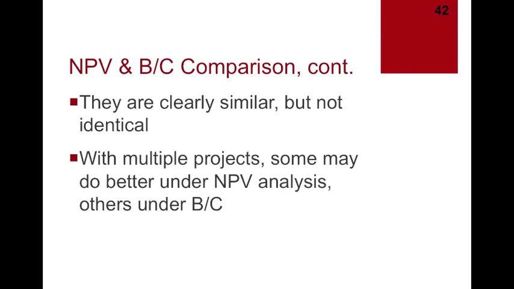If all the initiatives use the same initial costs at time 0, whether that's capital costs or investment costs, then chances are that the benefit cost ratios will give you the same ranking of the projects as the net present value. Okay.